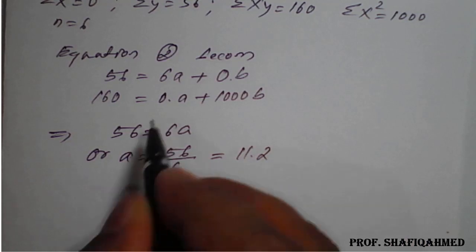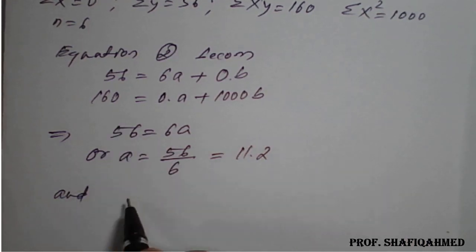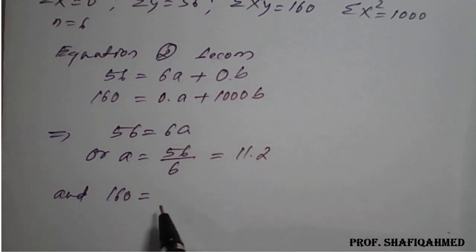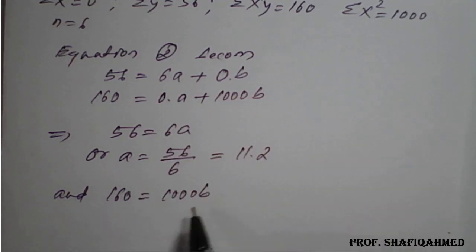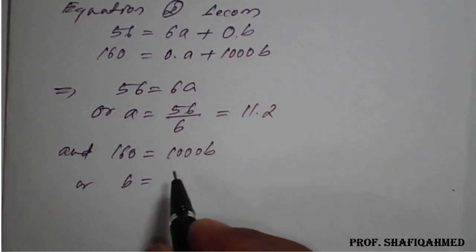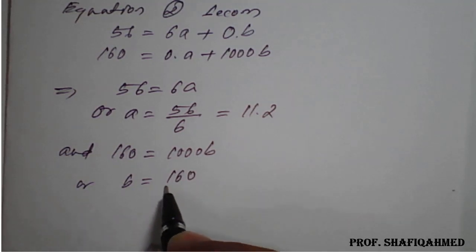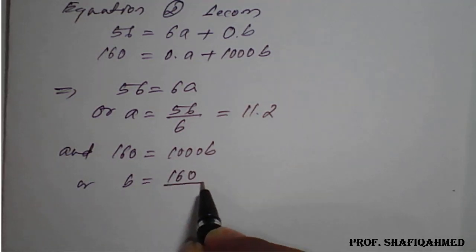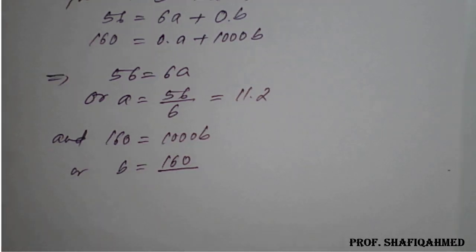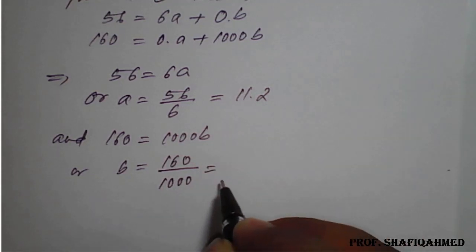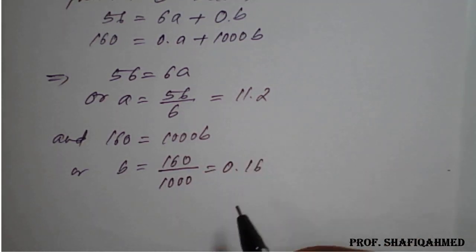And similarly, 160 is equal to 0 into a plus 1000b, or b is equal to 160 divided by 1000, which is nothing but 0.16.